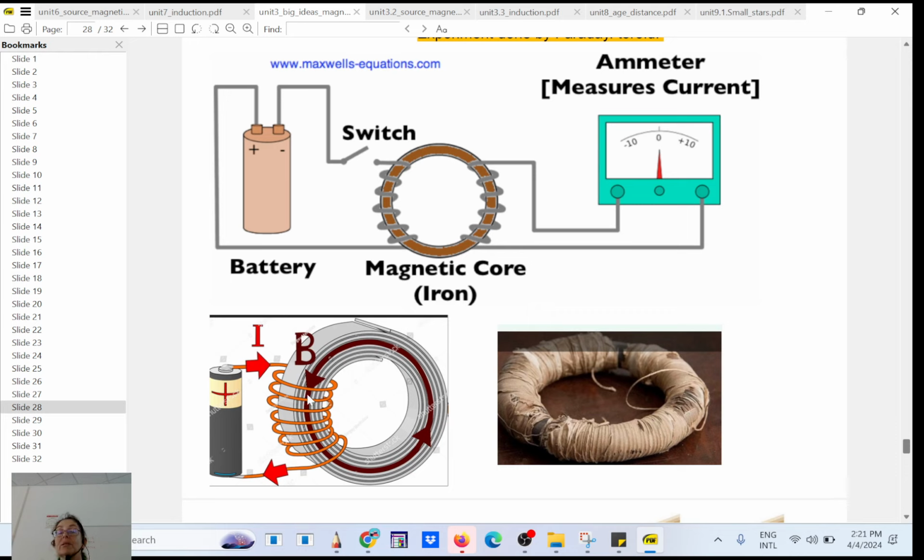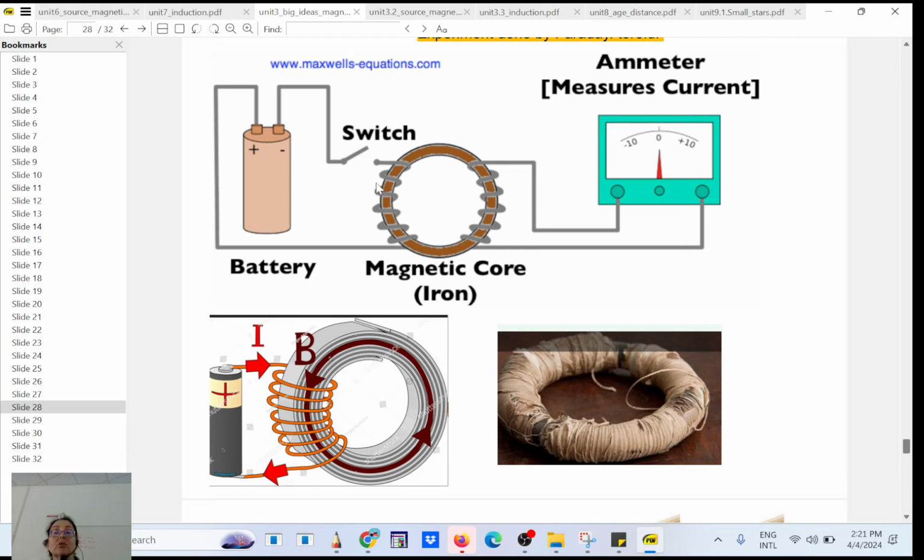So when you connect your coil to the power supply, the magnetic field is going to expand, but here we have DC. The magnetic field is going to be trapped inside. It cannot escape. It will be amplified.